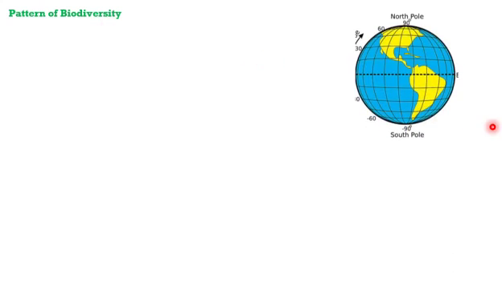I already explained in my previous tutorial, from the concept of biodiversity, how climate and weather pattern affect the distribution pattern of biodiversity, right? Anyway, we'll see it in a little detail in this tutorial. If you take the entire planet Earth, the distribution pattern of animals and plants is not uniform.